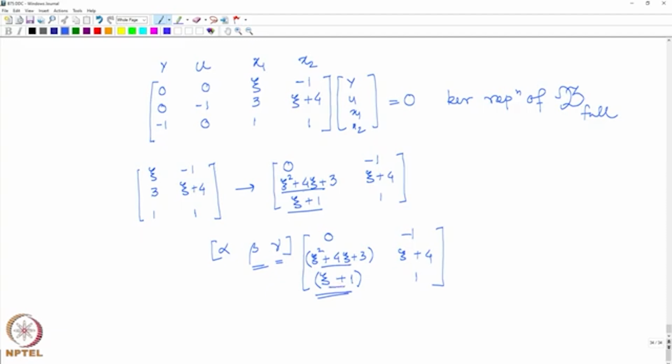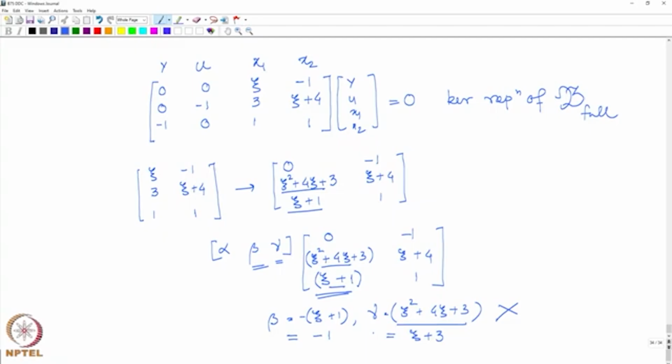So like before, I could have taken beta equal to minus (xi plus 1) and gamma equal to xi squared plus 4 xi plus 3, but that is redundant, because I could also have achieved the same thing by taking minus 1 for beta and xi plus 3 for gamma.